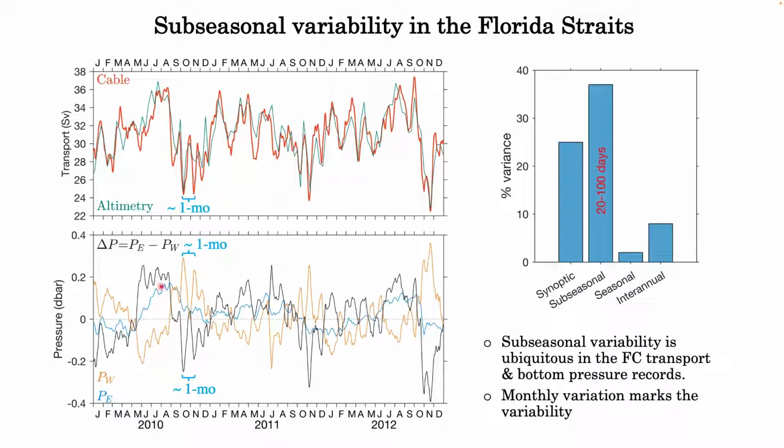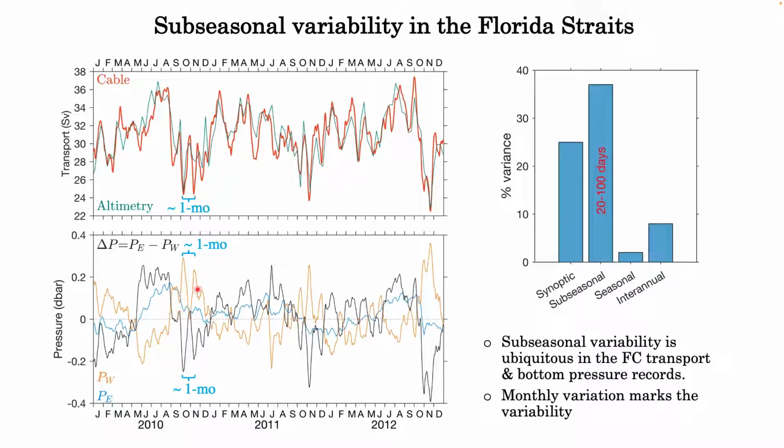And the bottom panel shows the pressure records. The orange one is from the west side of the strait, or PW, and the blue one is from the east side of the strait. And the difference between those two is indicated by this black curve.